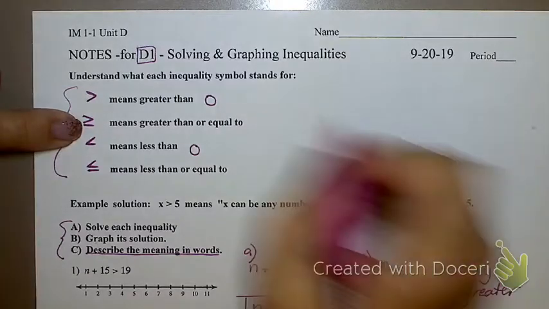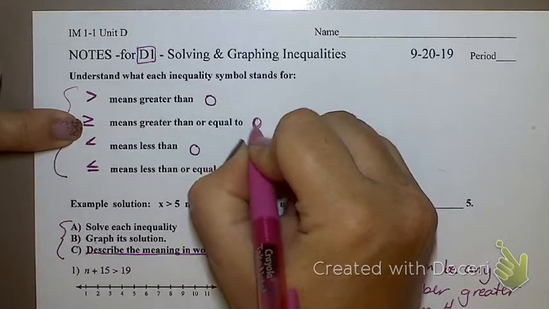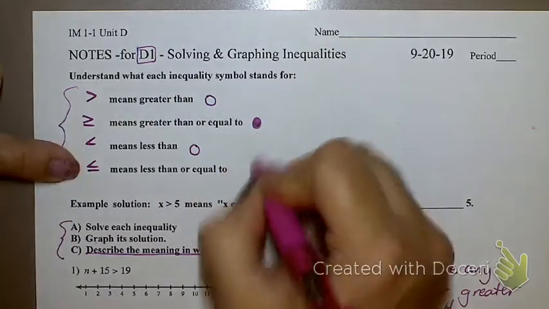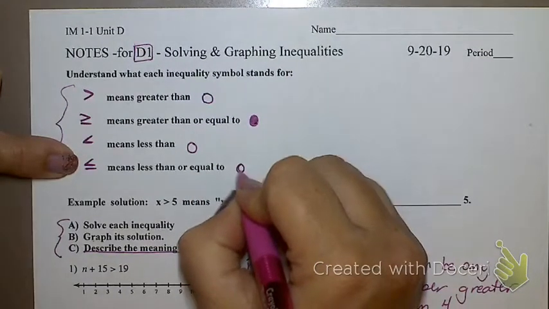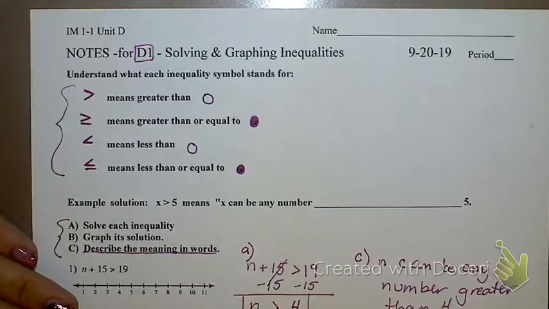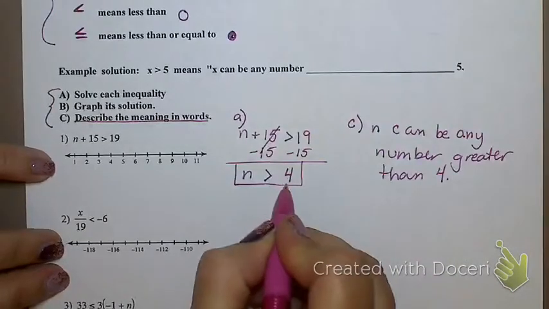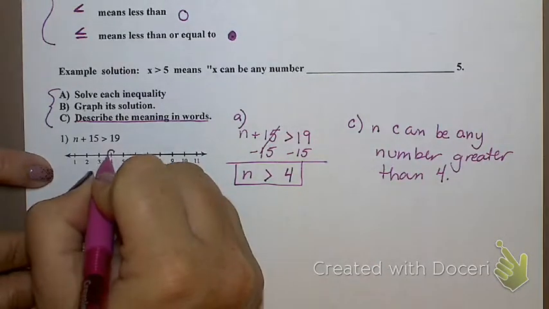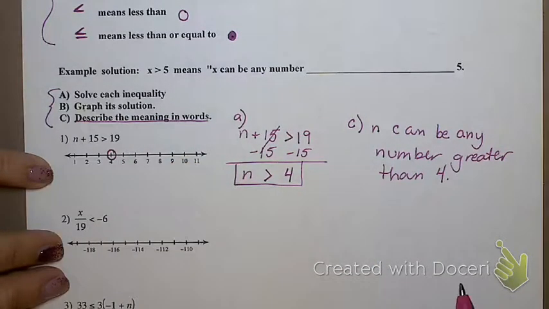If we have greater than or equal to, we draw a closed circle. And if we have less than or equal to, we also draw a closed circle. Have you done this before? Yes. Okay. So, on 4, what am I going to draw? Open circle. Now, draw me a big, obnoxious open circle so that I can tell it's open.